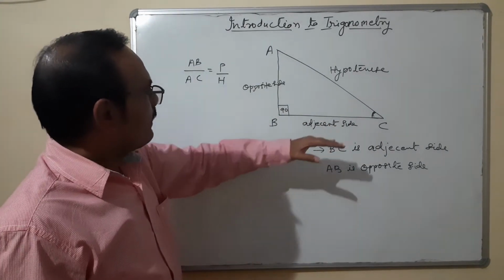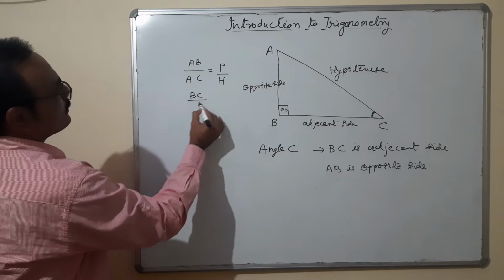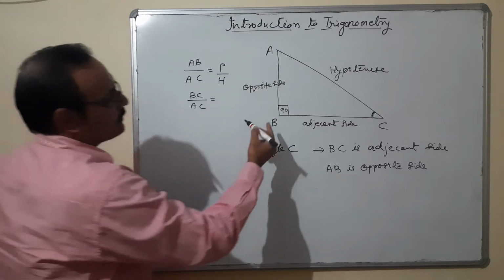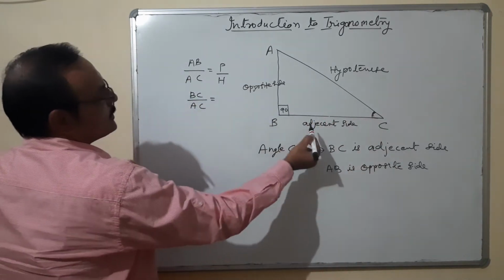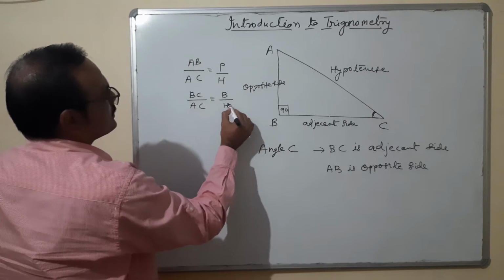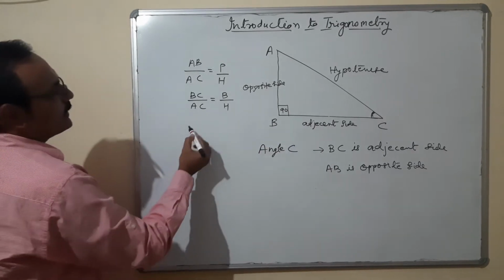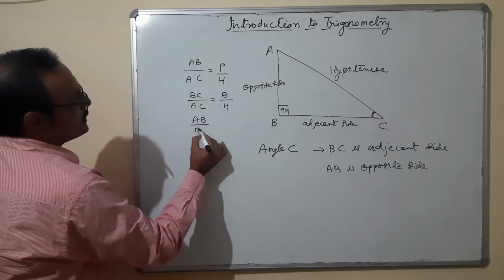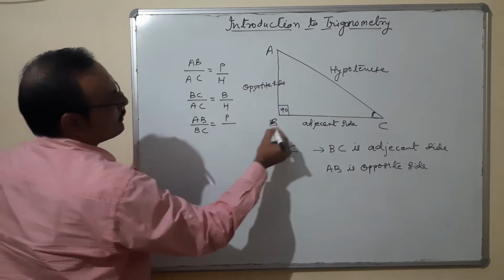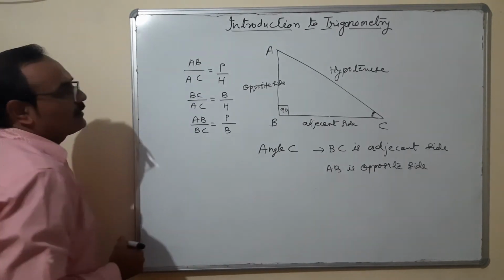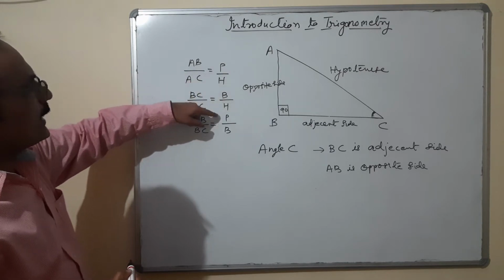Second is adjacent side upon hypotenuse, BC upon AC. BC is the base, because for angle C it is the base. So BC is base upon hypotenuse. Third is opposite side upon adjacent, that means AB upon BC, AB perpendicular, this is base. So these are AB upon AC, P upon H, B upon H, and P upon B.